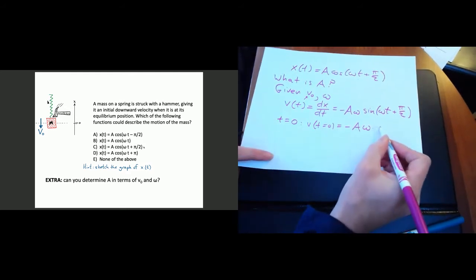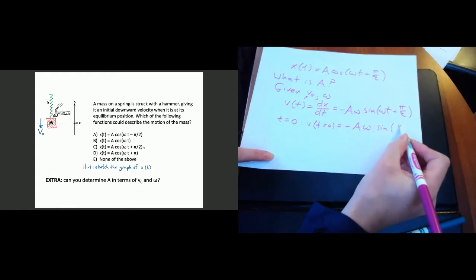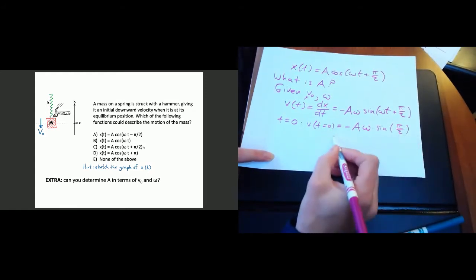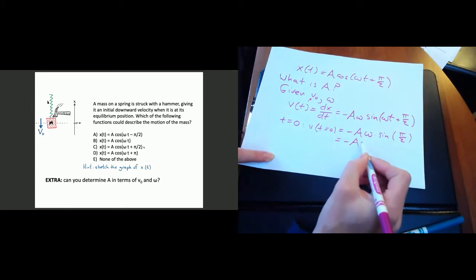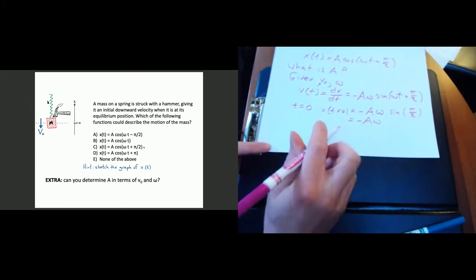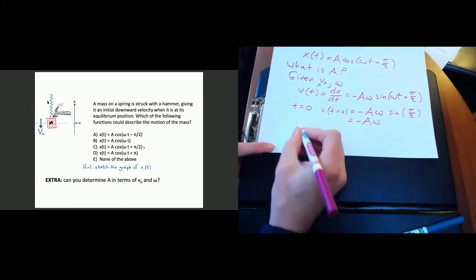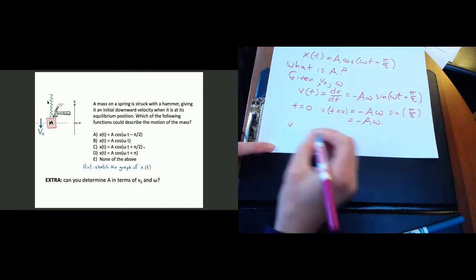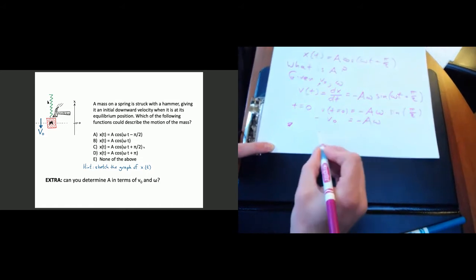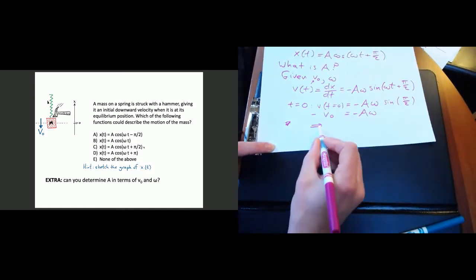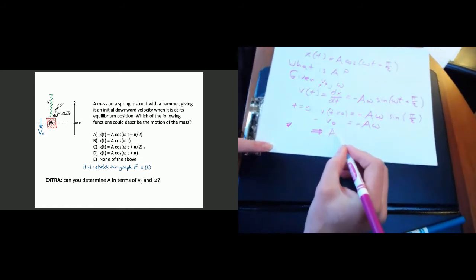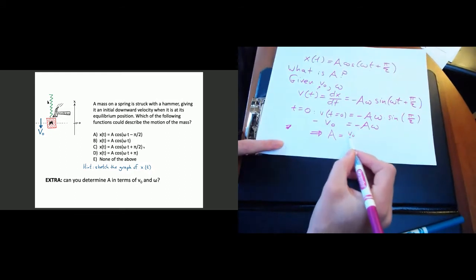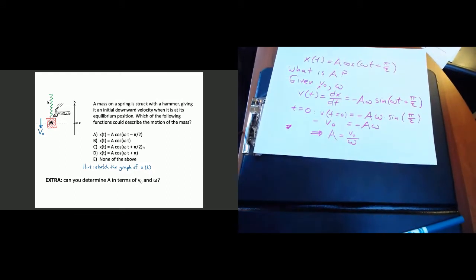Okay, so I can write that out. And we're told that this is equal to minus v0. And so that then allows us to figure out the amplitude, just solving there. And that would be equal to v0 over omega. Okay, so that's the extra part.